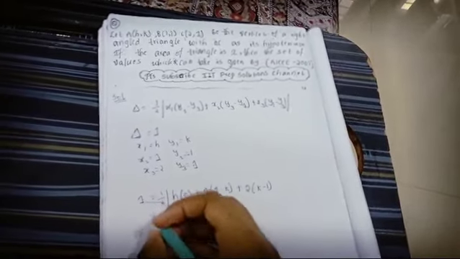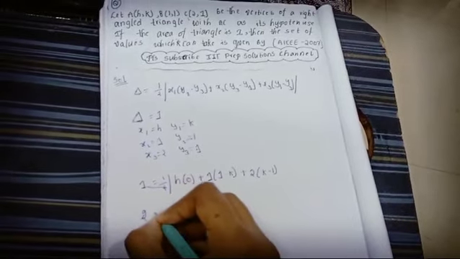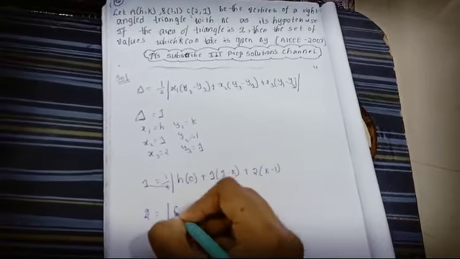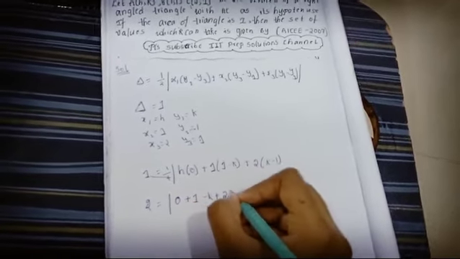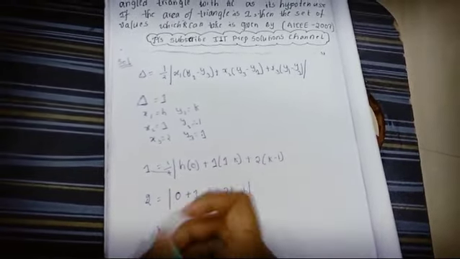Cross multiplication: 2 = 0 plus 1 minus k plus 2k minus 2.